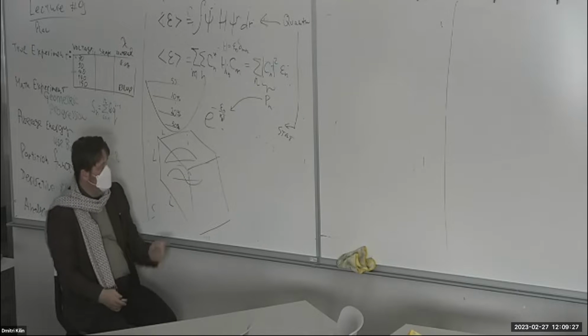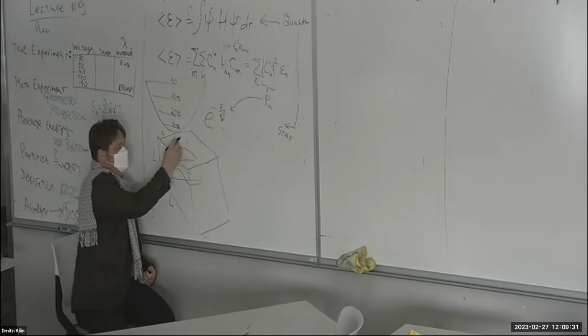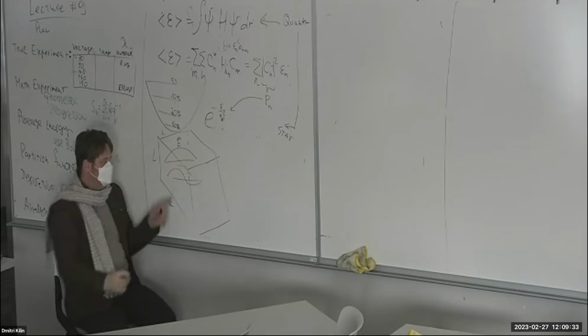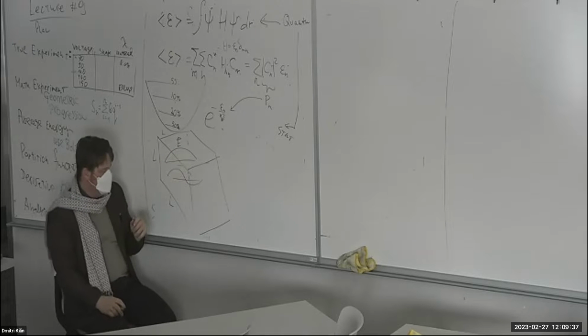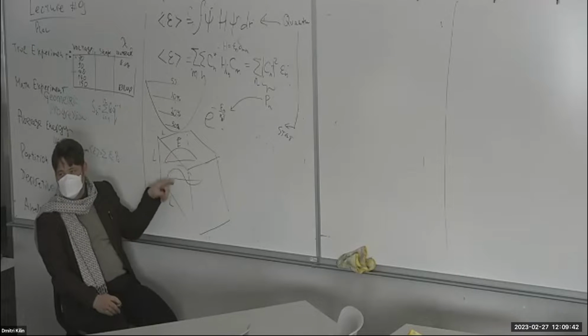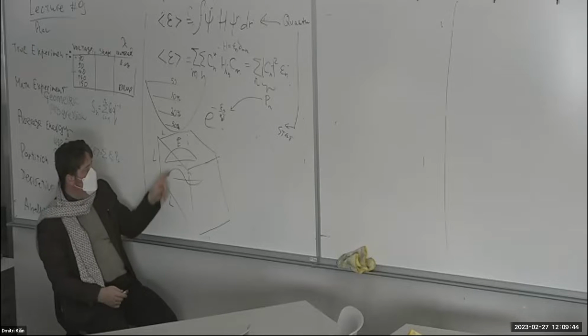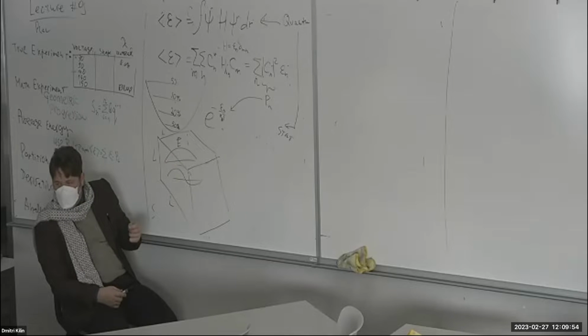This standing wave, like the electric field, has a spatial distribution and it has a time distribution. So in time it oscillates, and the way it goes in time can be considered as a quantum harmonic oscillator.